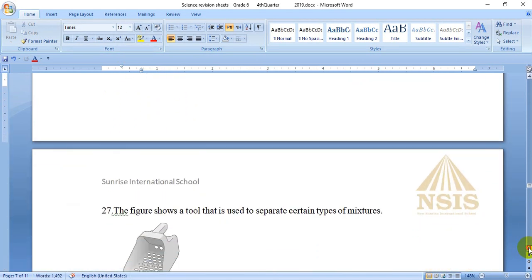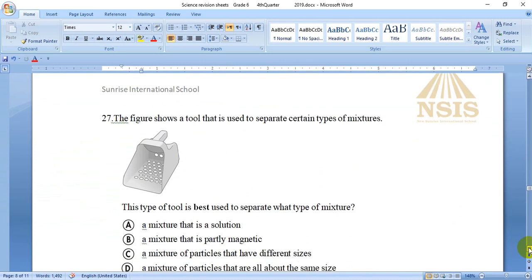27. The figure shows a tool that is used to separate certain types of mixture. This kind of tool can separate which kind of mixture? A mixture that is a solution? Of course not, because the particles in solutions are too small to be taken out by this tool. A mixture that is partly magnetic?